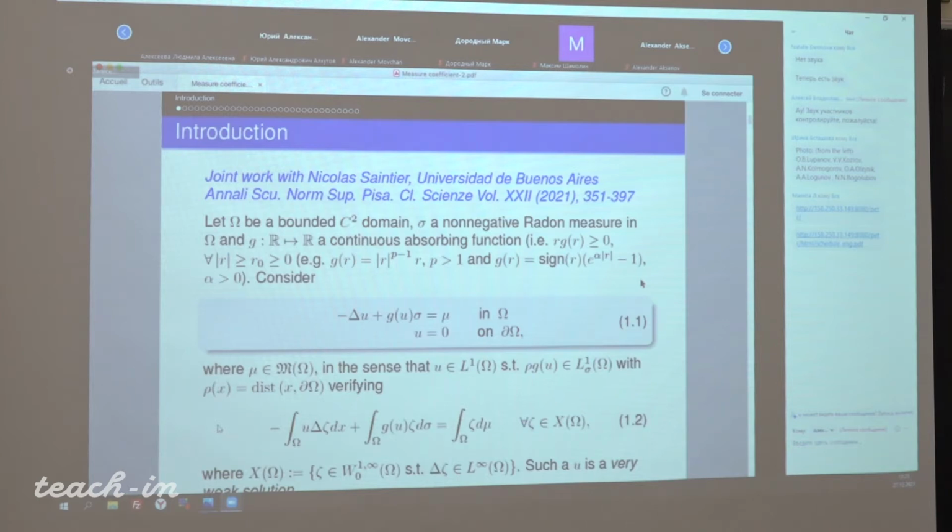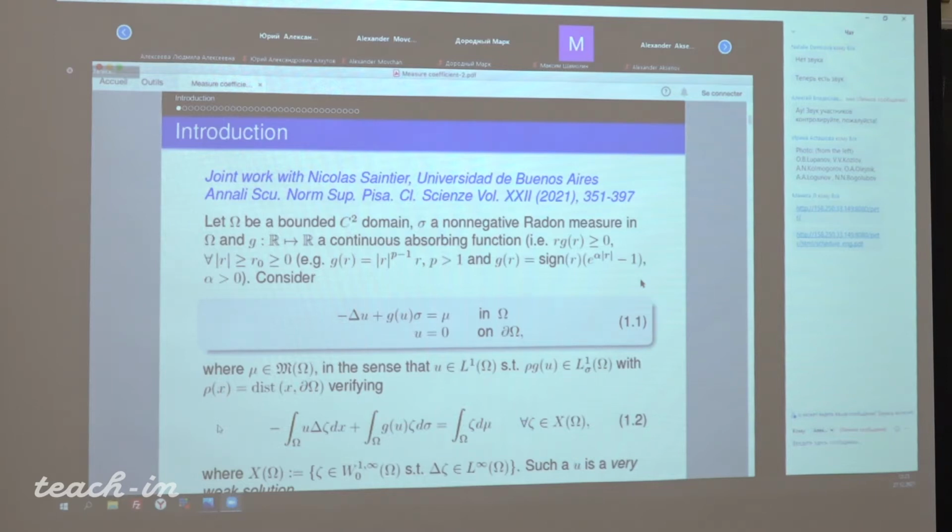We want rho G of u to be in L1 of sigma, where rho is the distance to the boundary. This constraint, rho G of u in L1 for the measure sigma, is an important fact.